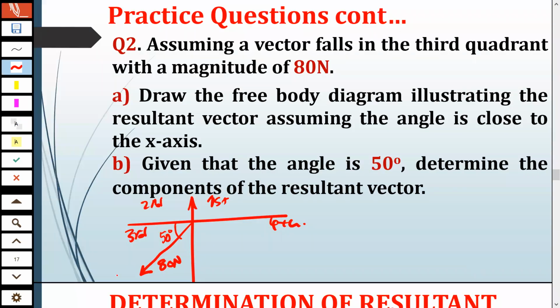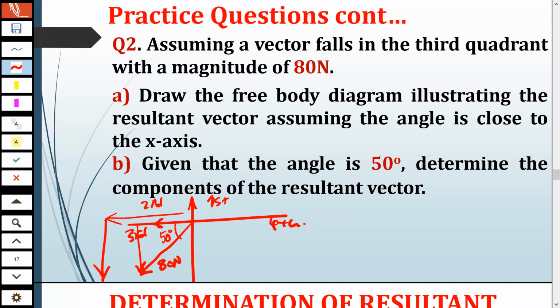Okay, so we've been asked to find the components. When you check the components, the x is going towards the negative, we're going this side, it's negative. Even the y is also negative. So all the answers that we're going to get here are both supposed to be negative.